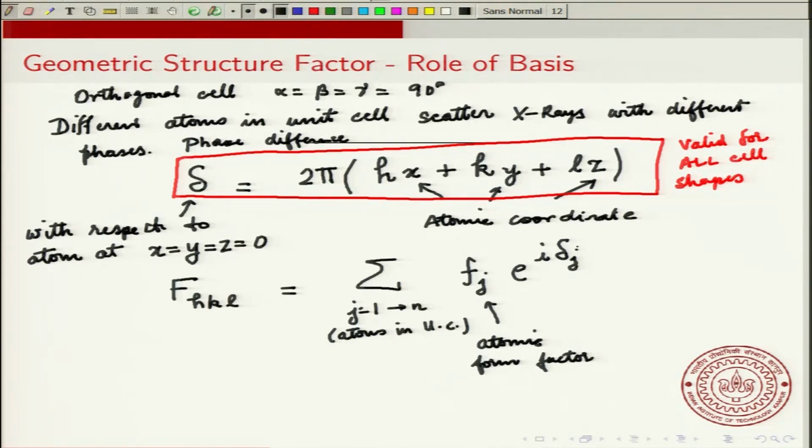So, delta is the phase difference of the jth atom. This is the formula for the geometric structure factor, and let me also put this in a box, because this formula is very crucial.